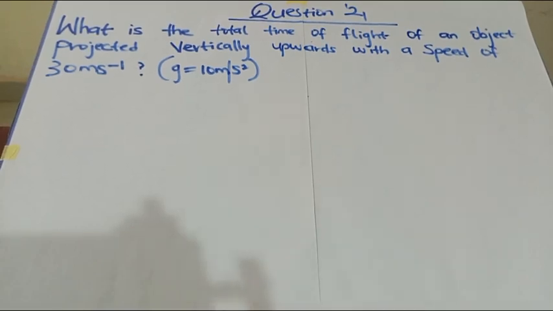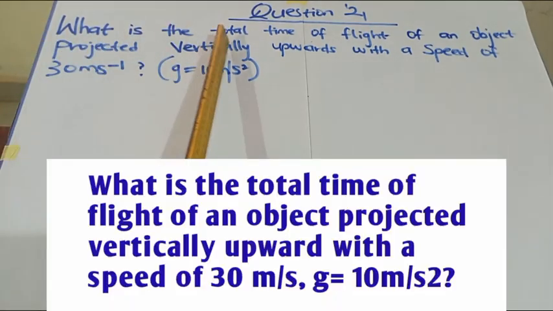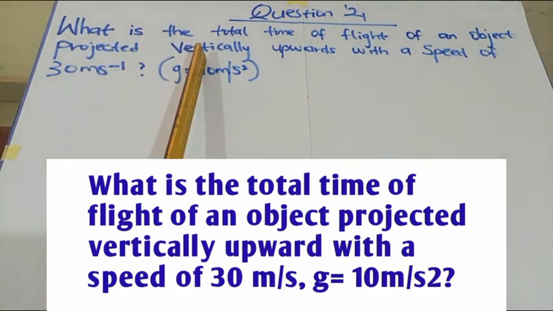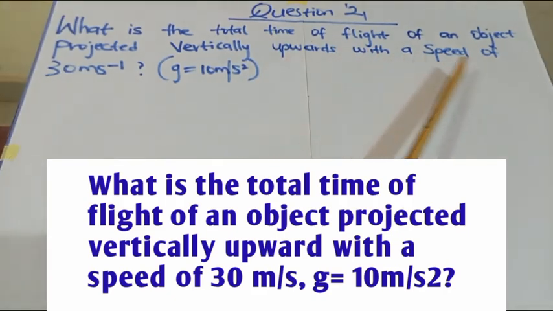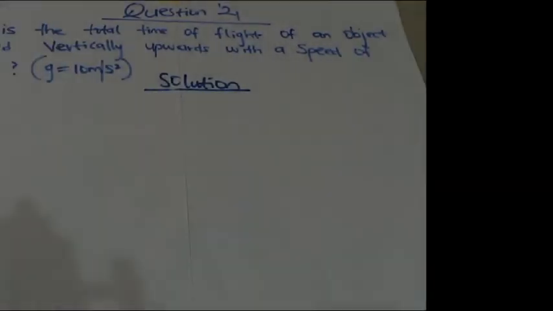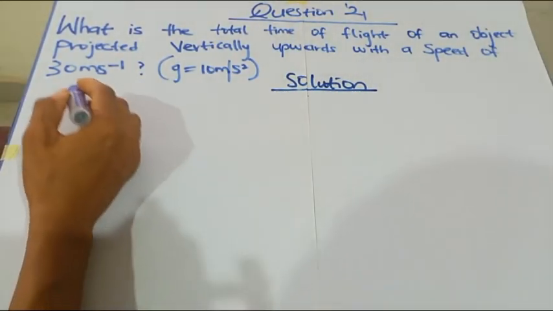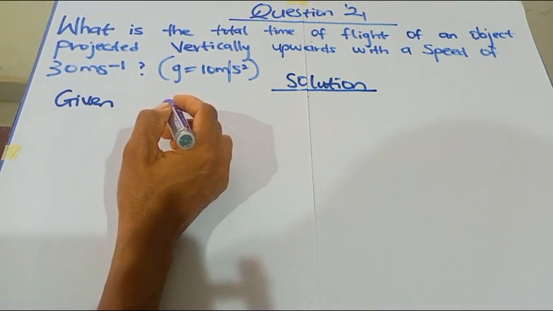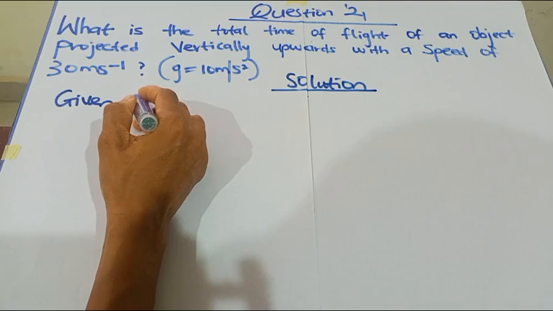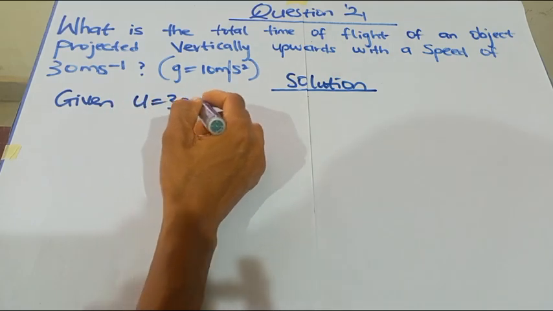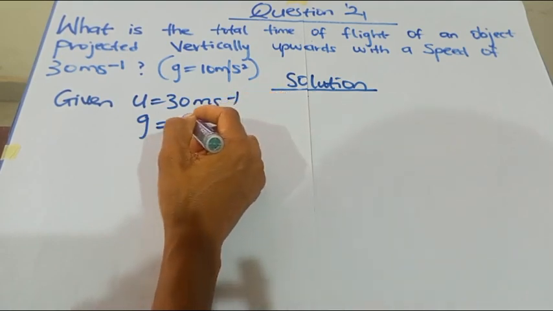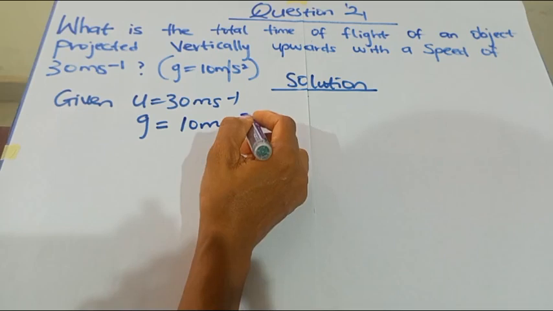Question 2. What is the total time of flight of an object projected vertically upwards with a speed of 30 meters per second? Let's write out all the parameters given. U as 30 meters per second, g as 10 meters per second squared.